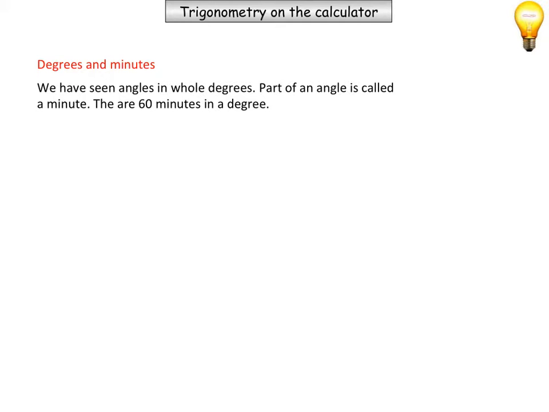Our conversion is that there are 60 minutes for every whole degree. The symbol for degrees you've seen before, and the other symbol is called minutes. Remember, a degree is a turning motion, and there are 60 minutes in that degree.